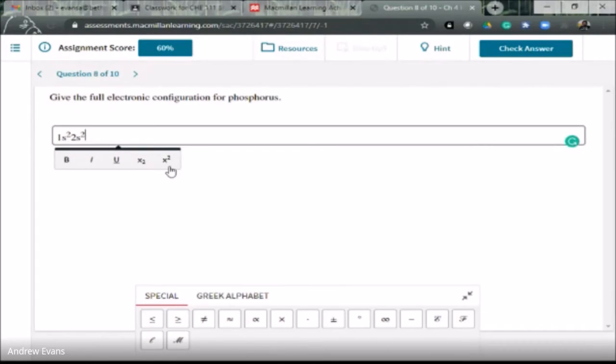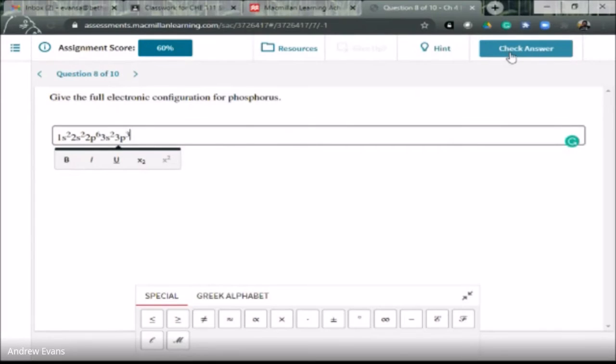That finishes up row 1. 2s2 finishes up beryllium. 2p6 gets me up to neon. That finishes row 2. Then we're at 3s2, which gets me up to magnesium. And then finally 3p. There are 3 elements in to get to phosphorus. So 3p3. You just have to make sure you superscript things.